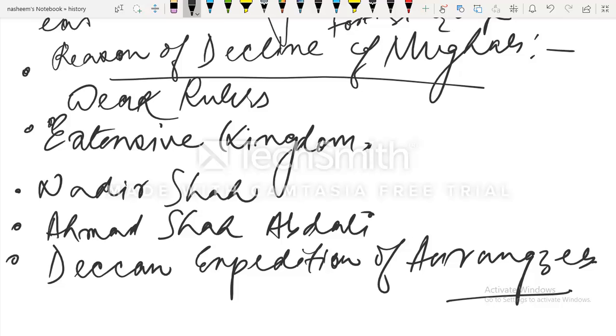These are some of the superficial reasons that can be pinpointed directly.